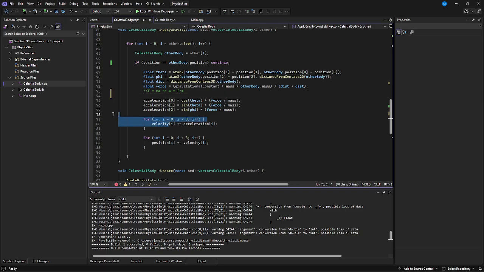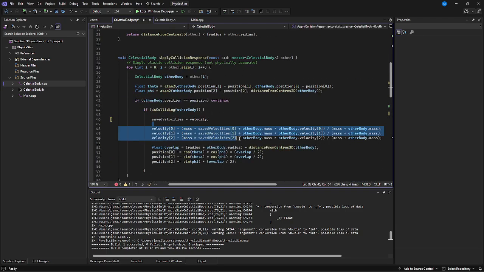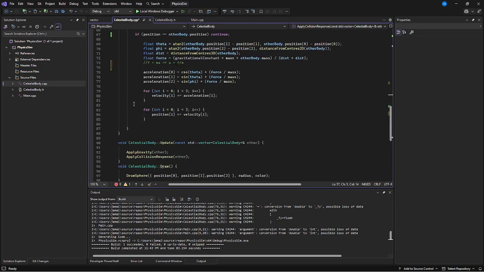And then this for loop is the better way I could have done this instead of being lazy. For int i equals 0, i less than 3, i plus plus, velocity i, because you'll check through 1, you'll check through 2, you'll check 3, you'll check through them all. Velocity plus equals acceleration, because that's kind of how it works. Velocity increases with acceleration, and then distance increases with velocity.